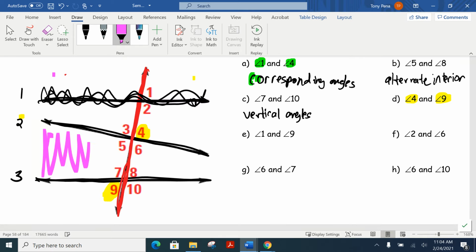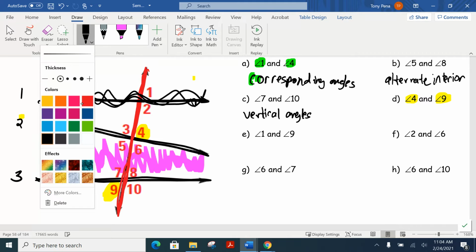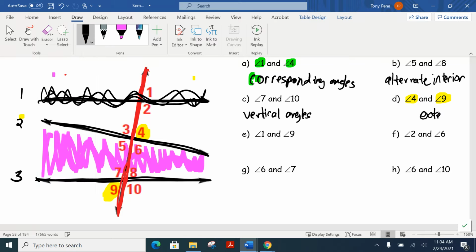Here is the inside of those 2 lines. Notice how 4 and 9 are not on the inside. So these are certainly not alternate interior. They're not same side interior. These are exterior angles.